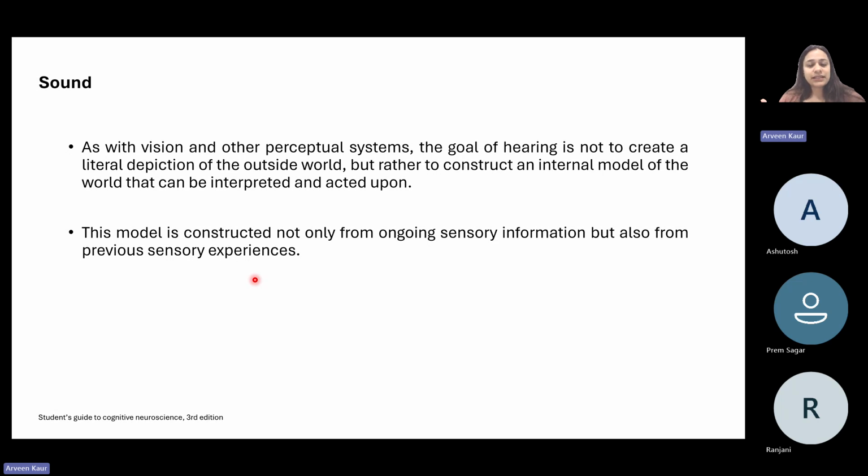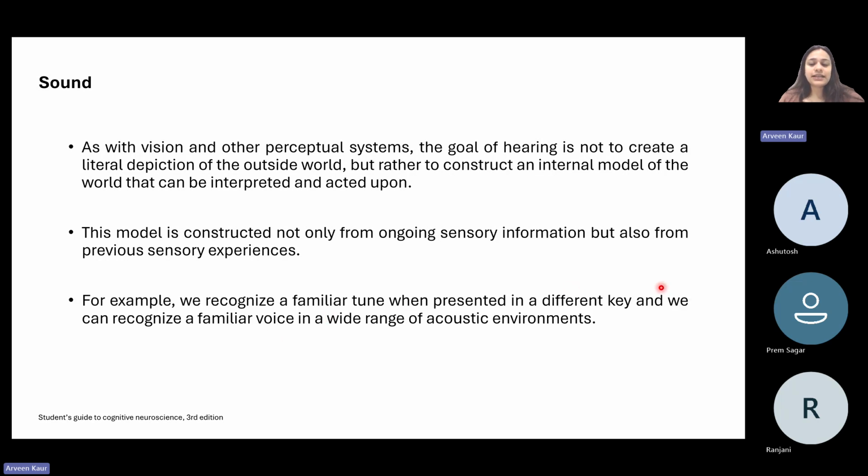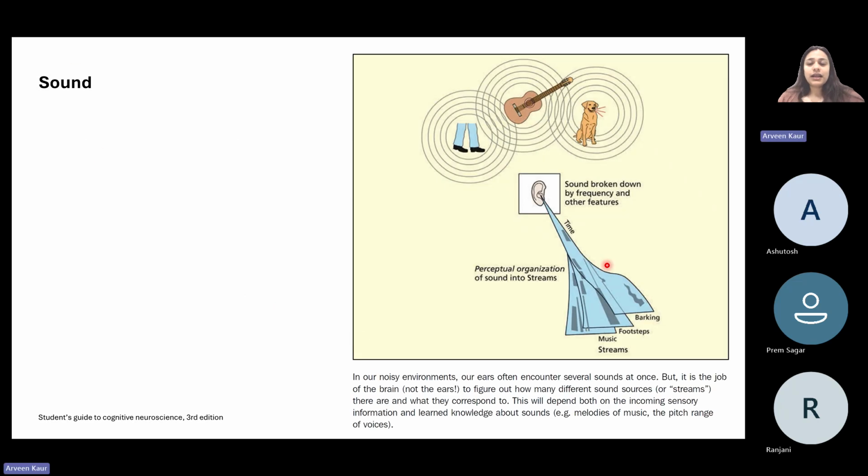So if I speak in that language, it might sound like blabbering to you because you will not understand what I'm saying, right? So for you to understand what I'm saying, you should know the language. That is your previous experience, right? For example, we recognize a familiar tune when presented in a different key, and we can recognize a familiar voice in a wide range of acoustic environments also, right?